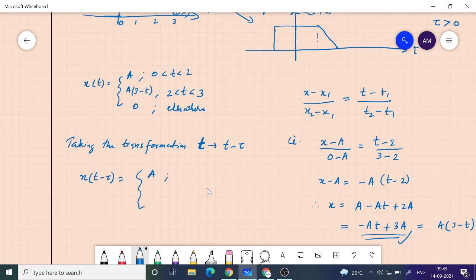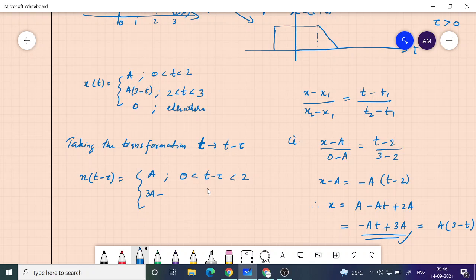So this is a, for 0 less than t minus tau, and so on. Wherever t comes, whether in the specification of the range or in the specification of the amplitude of the function, you just replace t with t minus tau.